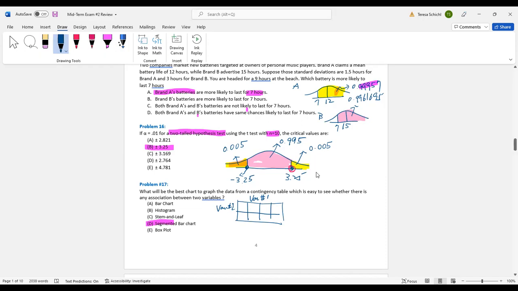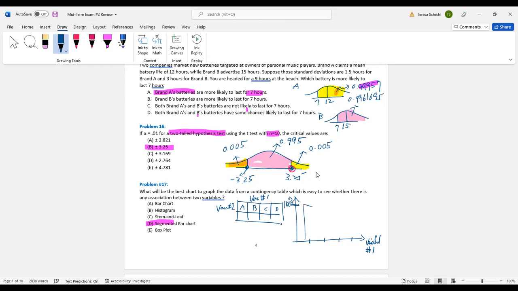What is the segmented bar chart here? For example, take this contingency table. If you put variable 1, we have categories, let's say A, B, C, D, right? So this is variable number 1. In a segmented bar chart, they all become 100%.